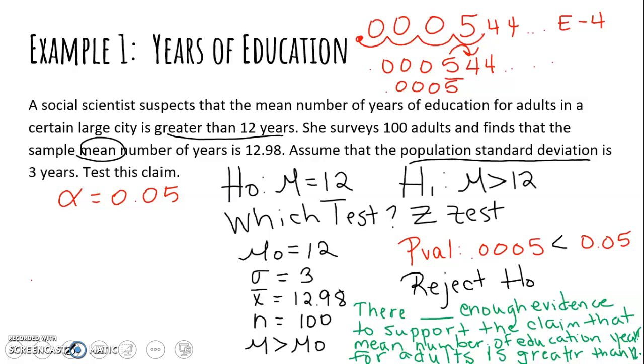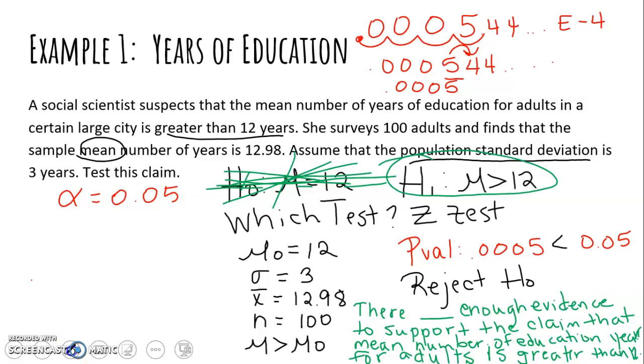It's not just enough to say that we support or fail to support the claim. If you reject the null, check out what's happening. We're saying this is false. If that is false, and only one of these statements can be true, then that must mean that the mean is greater than 12.